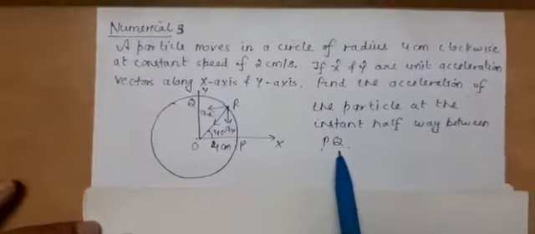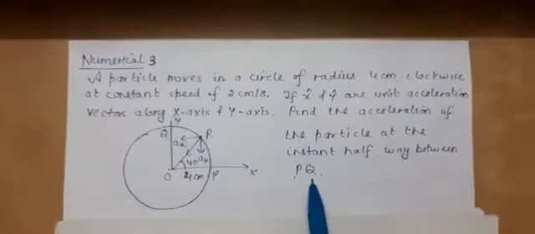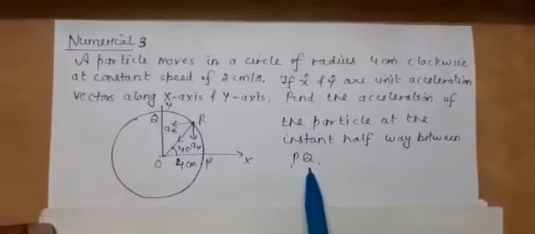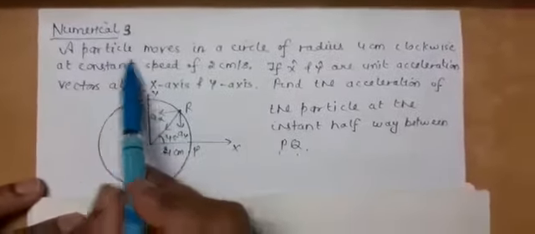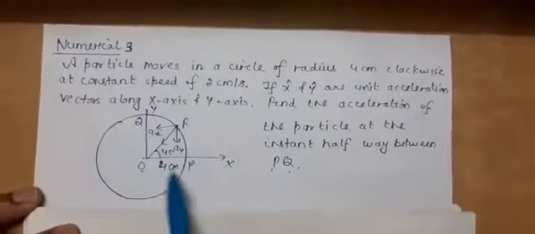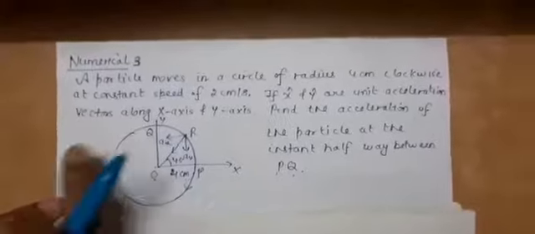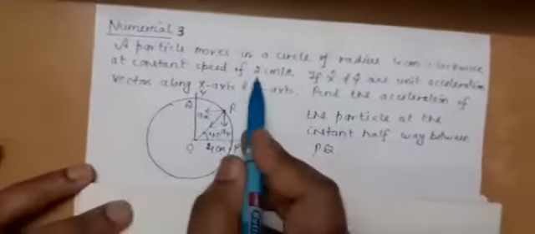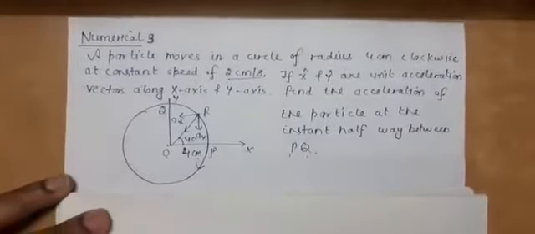See, it's not necessary that the figure is given here, because you can draw this figure, right? First of all, we will understand the statement. The particle is moving in a circle of radius 4 centimeter in the clockwise direction, right? The constant speed is given to be 2 centimeter per second.